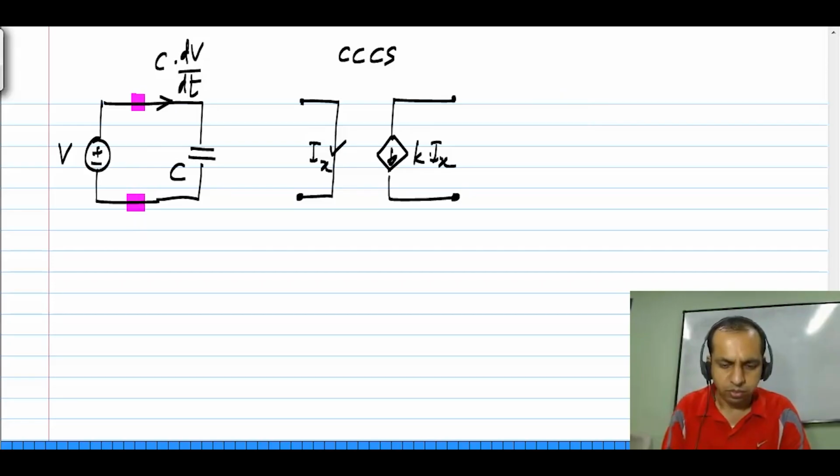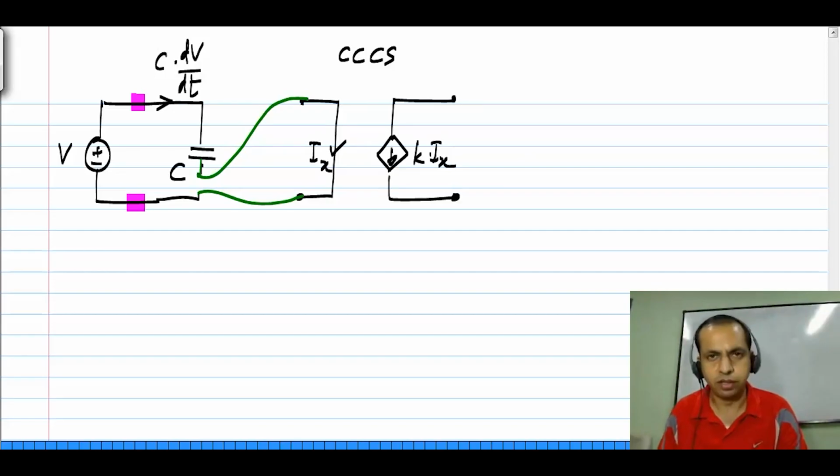What I can do is the following. I will sense the current flowing through the capacitor using the input branch of the current controlled current source. Now you observe that absolutely nothing has changed as far as the capacitor is concerned. The voltage across the capacitor is still V because this part is a short circuit. It's just a wire.